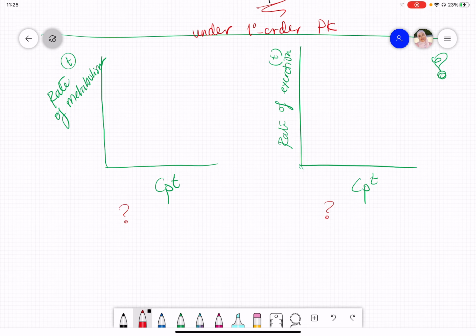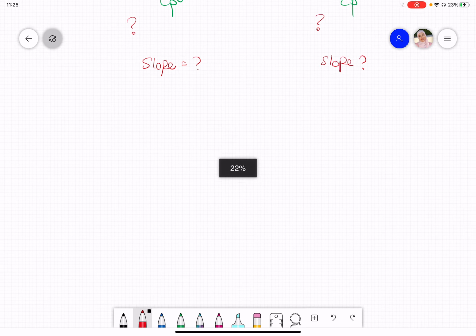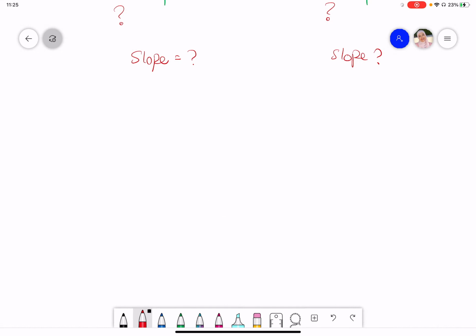What should you know now, and what would be the slope here and the slope here? Don't forget, this is metabolism and this is excretion, not the overall elimination. Just think about it and do it by yourself.